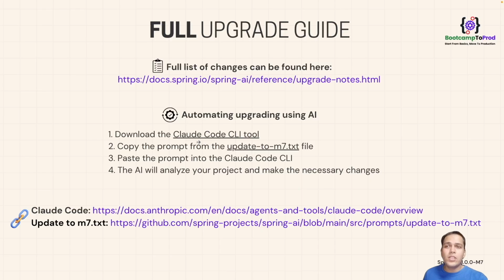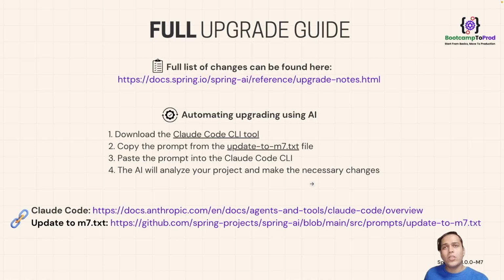You can do this with the help of the Claude Code CLI tool, and this is the prompt which is created by the Spring AI team. With the help of this prompt, you can basically upgrade your project to the milestone 7 version. So these are the links which might be useful.